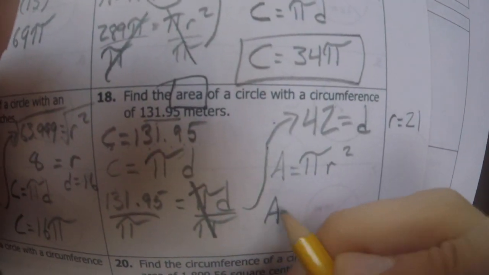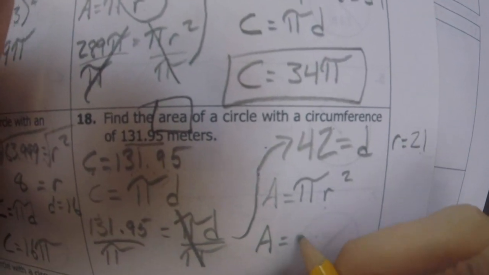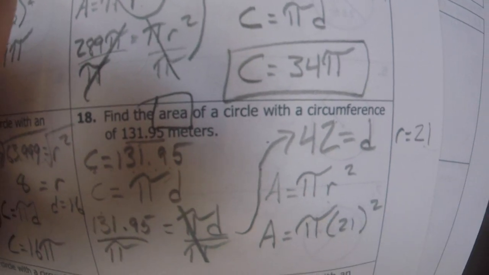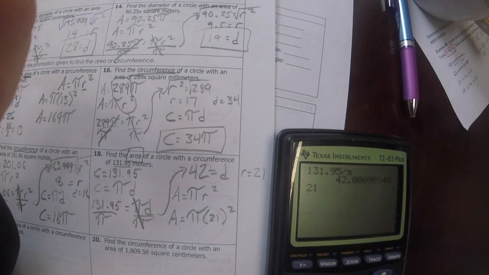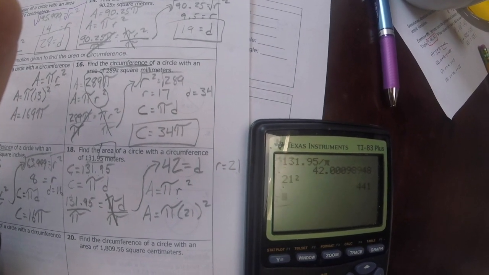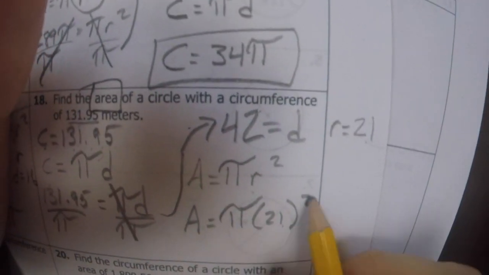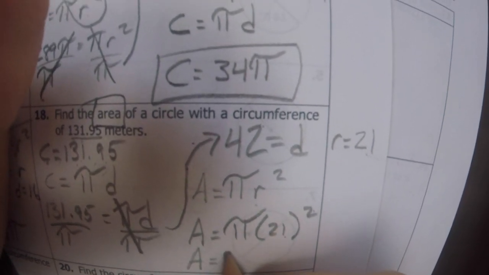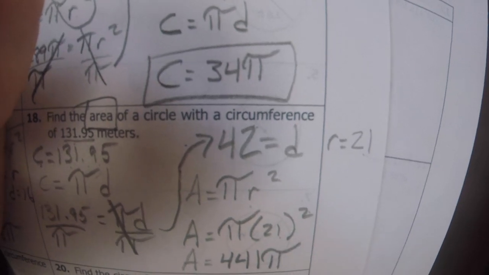All right, so area equals, if the radius is 21, I'm going to pop it in for r, and I get pi times 21 squared. Ooh, I don't think I know 21 squared. 21 squared is 441. Okay, remember I got to do exponent first. So 21 squared is 441. We're going to leave our answer in terms of pi. 441 pi.